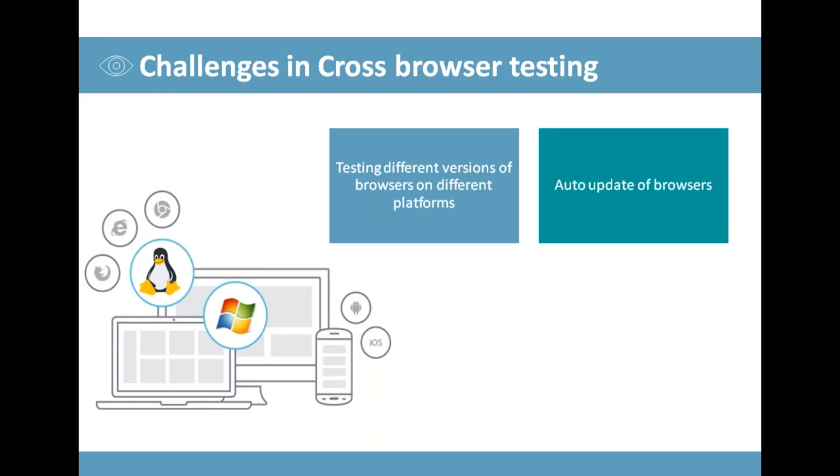So there are a couple of challenges which we have written here. So first one is, of course, when you have to test your web application on different versions of browsers on different platforms, right? So this image here can indicate that you can use either Ubuntu, Linux, Windows, or even Mac platform to access pCloudy devices, which are like Android or iOS.